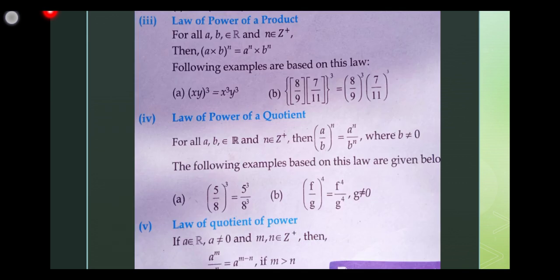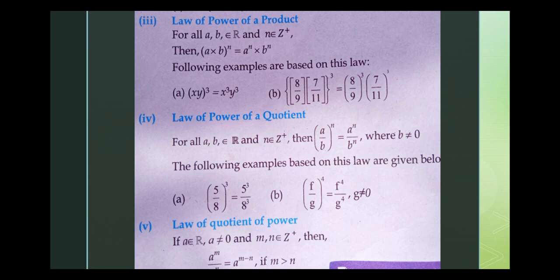Next is the law of power of a product. For example, a into b whole power n equals a power n into b power n. If the bases are different and the power is the same, then it will be written in the form of a power n into b power n.